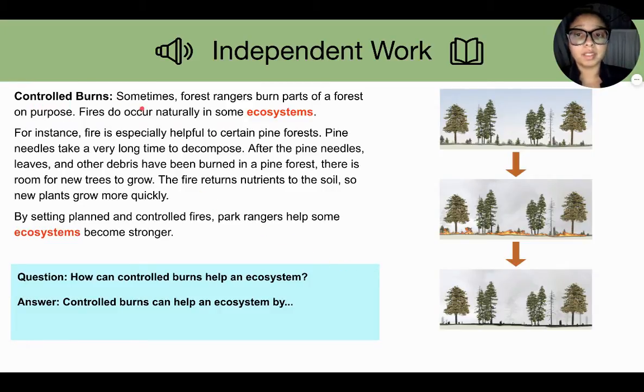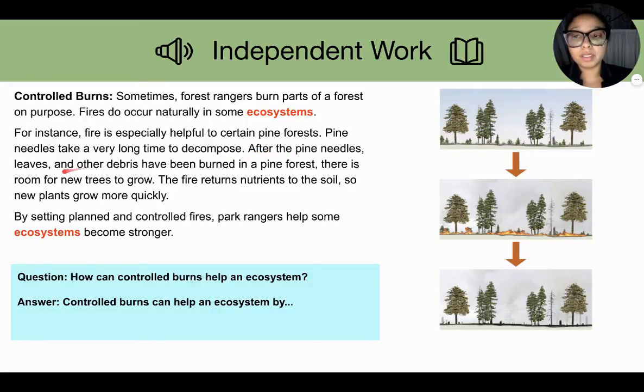Controlled burns. Sometimes forest rangers burn parts of a forest on purpose. Fires do occur naturally in some ecosystems. For instance, fire is especially helpful to certain pine forests. Pine needles take a very long time to decompose or break down.